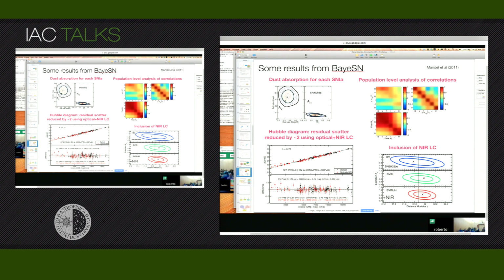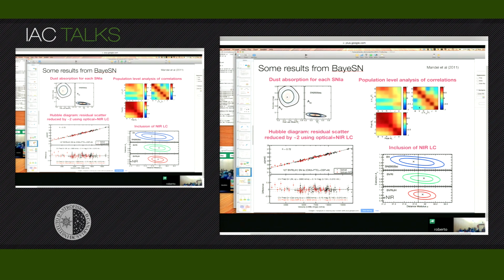It allows them to investigate each one of the supernovae object by object, reconstructing their dust absorption properties and distance modulus individually. But it also allows them to look at population level analysis of correlations, for example, between delta M15 and the peak brightness in the various bands.